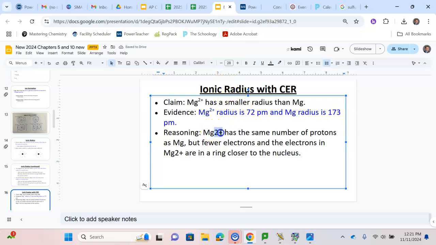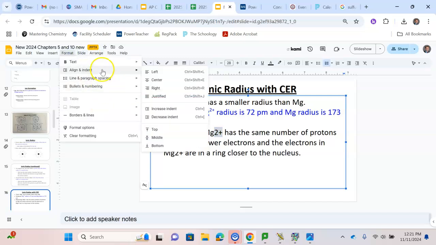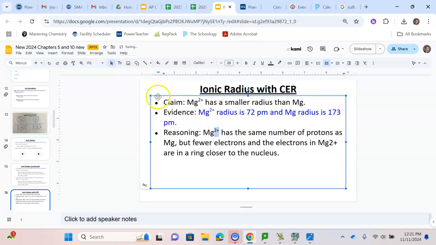Mg2+, we want to make that an exponent, has the same number of protons as magnesium, but fewer electrons. And the electrons in Mg2+ are in a ring closer to the nucleus compared to Mg, making the radius smaller. That would be a pretty good reasoning example.